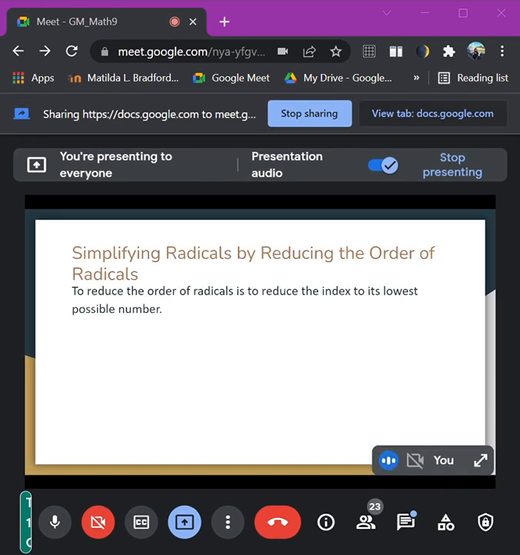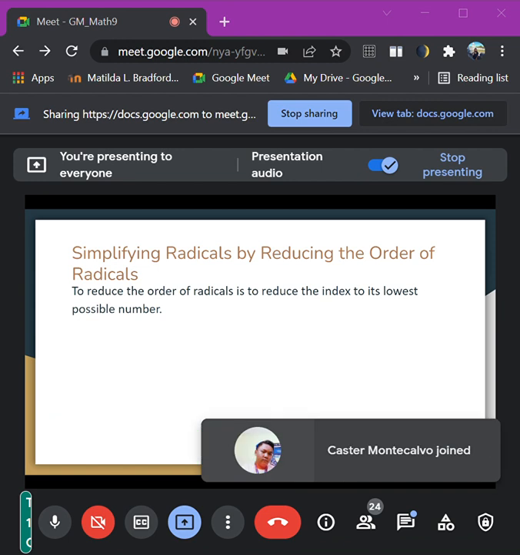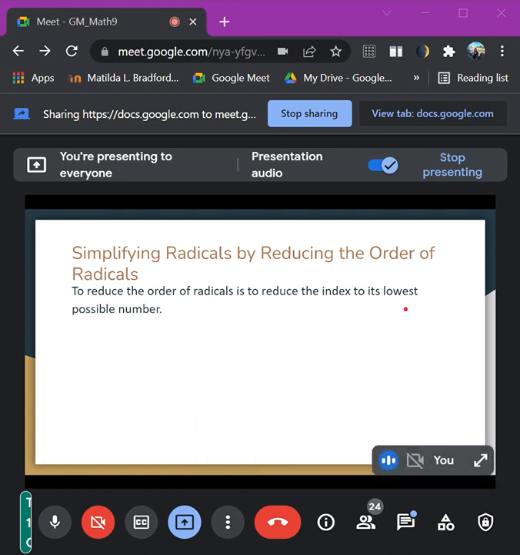So you have there simplifying radicals by reducing the order of the radicals. So kato kay reducing the radicand, kani kay reducing the order of radicals. So to reduce the order of radicals is to reduce the index to its lowest possible number. So kani siya, ma-apply na to ang katong example ganina.